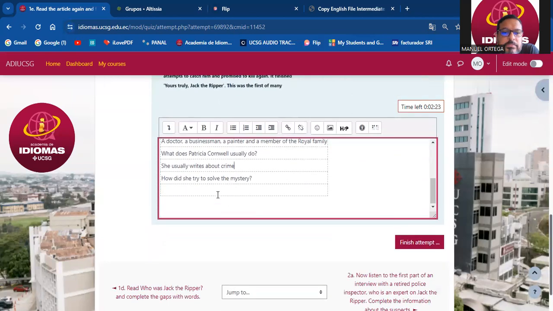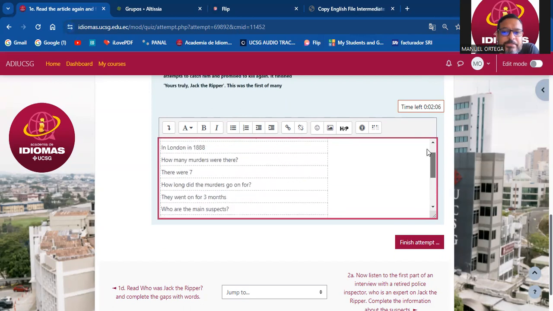Analyzing DNA. Excellent. By analyzing DNA samples, muestras de ADN, DNA samples.